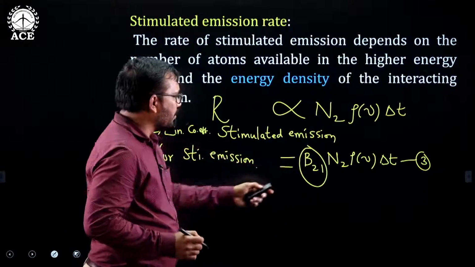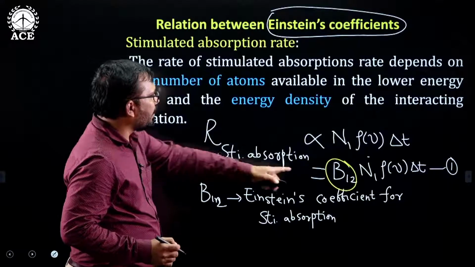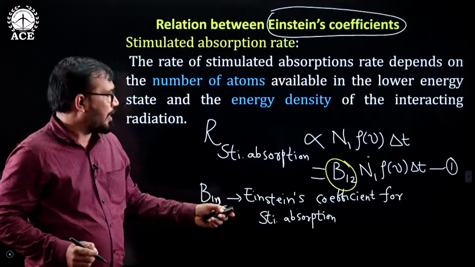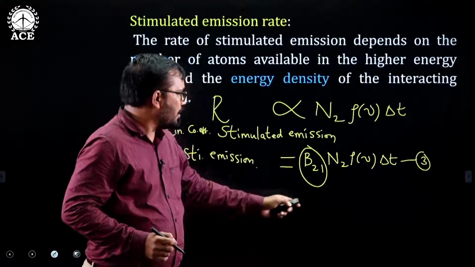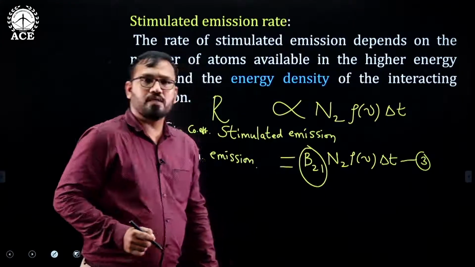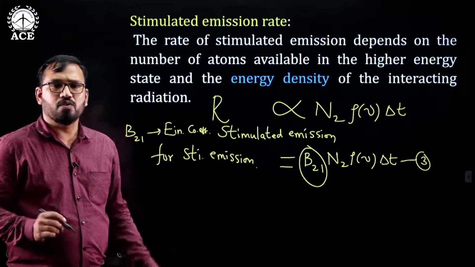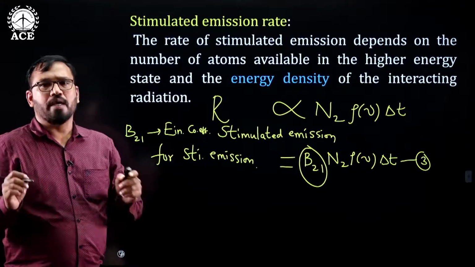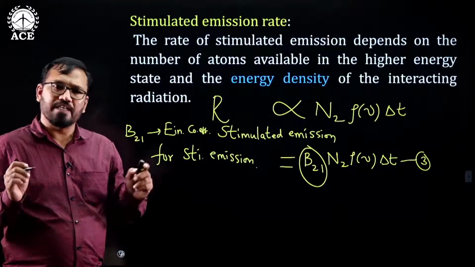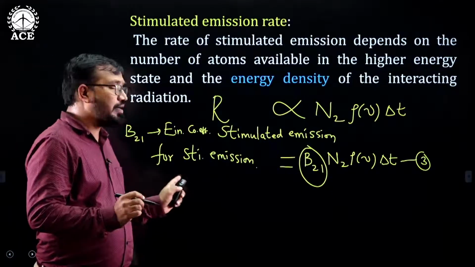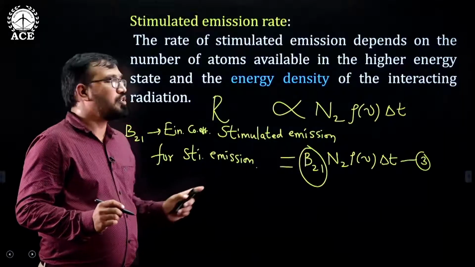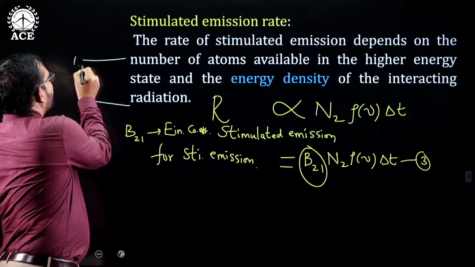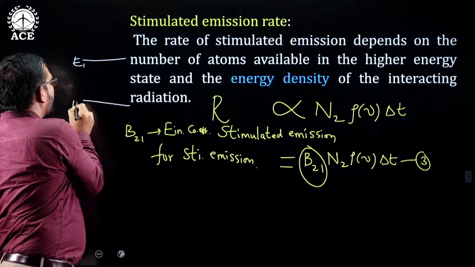So we know that B12, A21 and B21 are the Einstein coefficients. Why are we having 1,2 and 2,1? 1,2 is nothing but the transition is taking place from E1 level to E2 level.